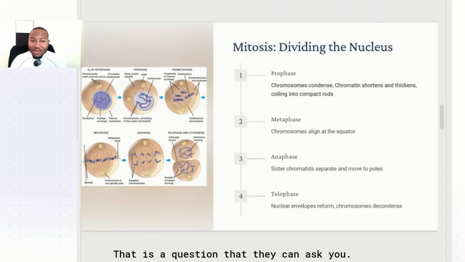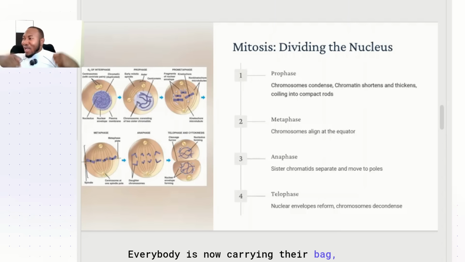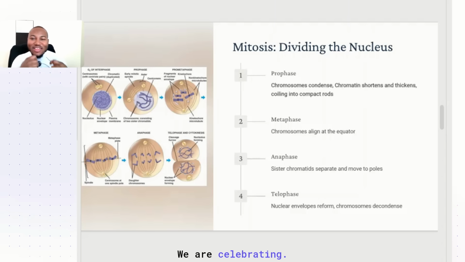That is a question that they can ask you. So prophase is more like advanced preparation. Everybody is now carrying their bag, coming around. Oh, we are celebrating. Everybody is reducing all their baggage. So chromosome shortening, chromatin shortening, and compact rods. That is for prophase. Remember it.